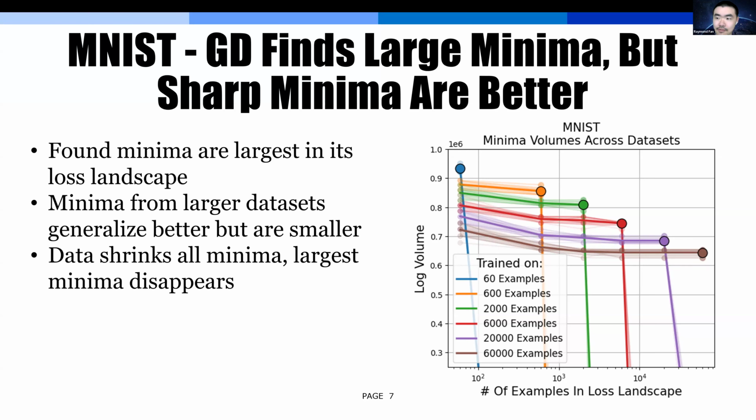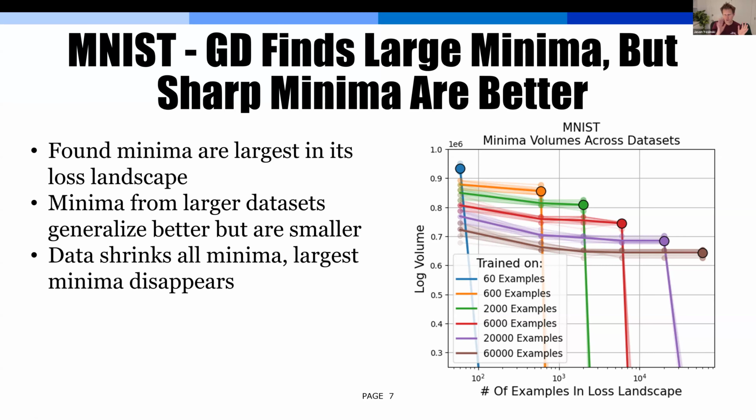Because as we change the amount of data, the landscape itself changes. So you're taking the solution found under 2000 examples and then creating a landscape out of a different selection of only 60 examples and looking at that theta's volume in the other landscape. Yes, but I should specify actually that my original 2,000 examples were these 60 examples plus 1,940 other examples.